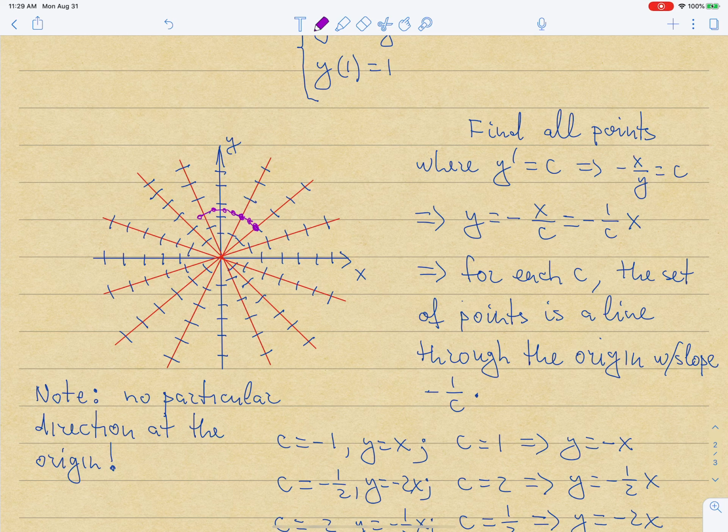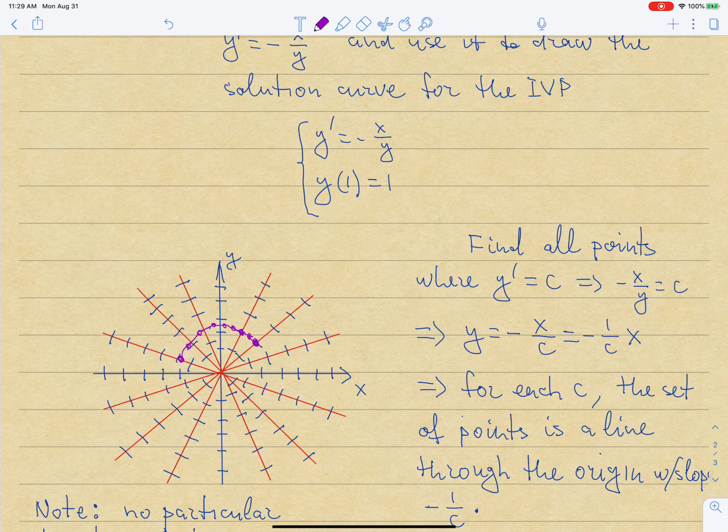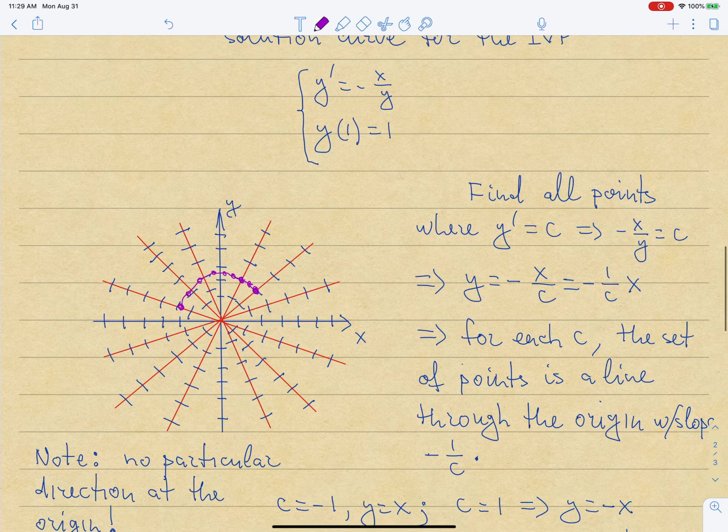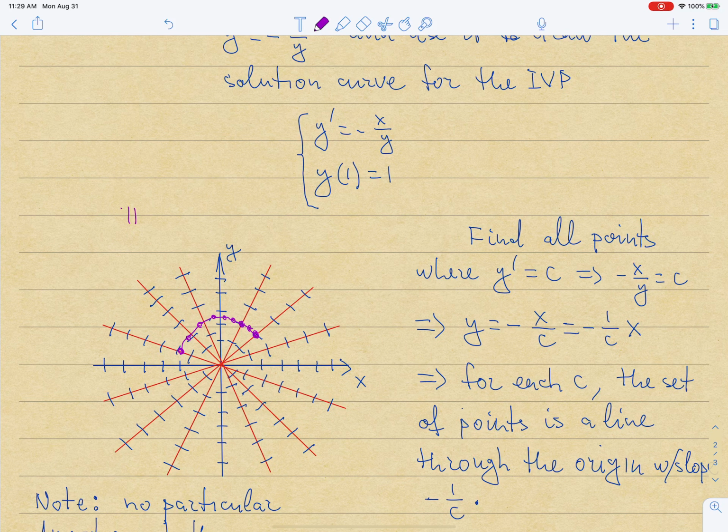And what you see is that you're reconstructing a circle, right? So a circle that goes through the point 1, 1. So what we find is that the graphical solution seems to be a circle x squared plus y squared equal to 1.